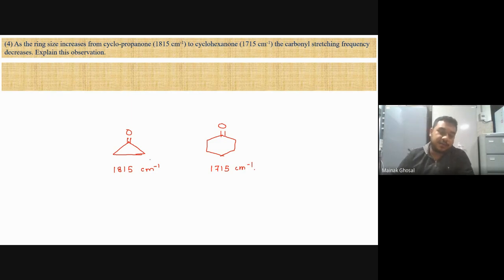Suppose this data is given, and in some cases they give values in between, generally for cyclobutanone or cyclopentanone.